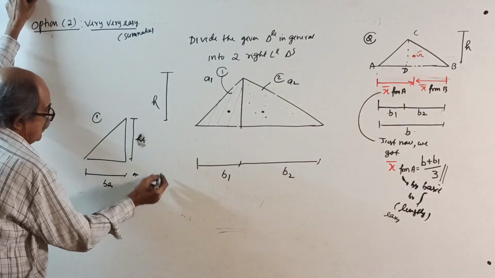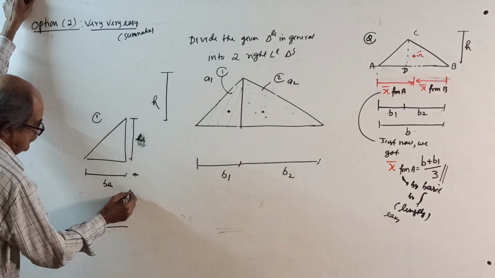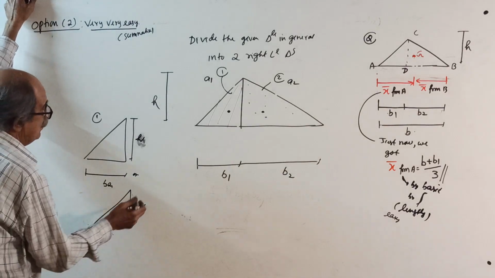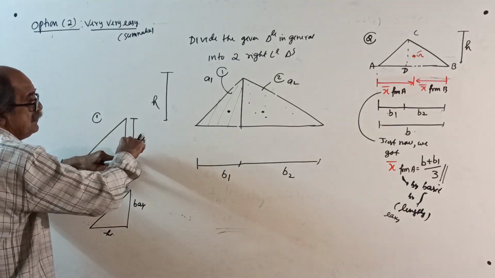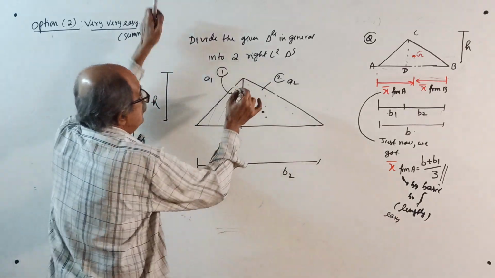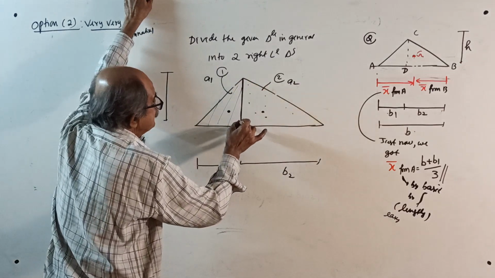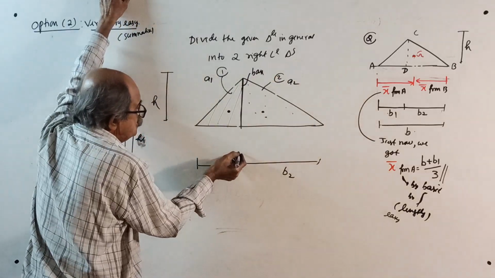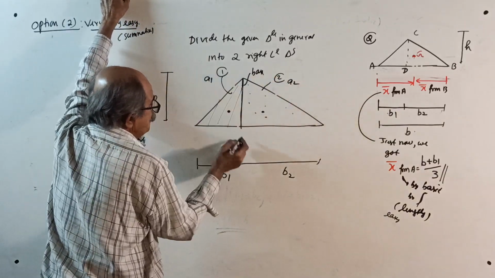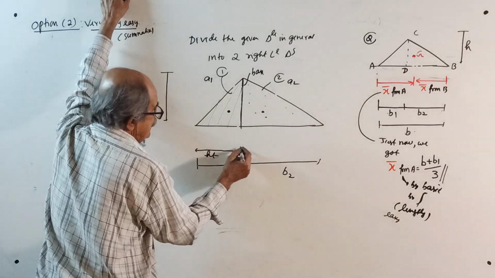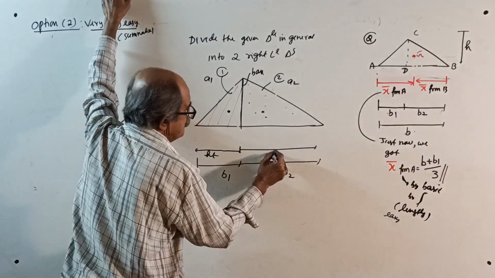Same way for the other triangle, if this is the base, this becomes the height, because for this one this is perpendicular, and for this one this is perpendicular. So now imagine this is the base for both. For this base, for both triangles, this will be the height, and this also will be the height.